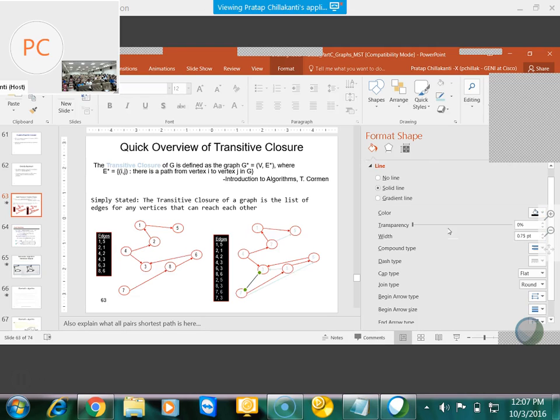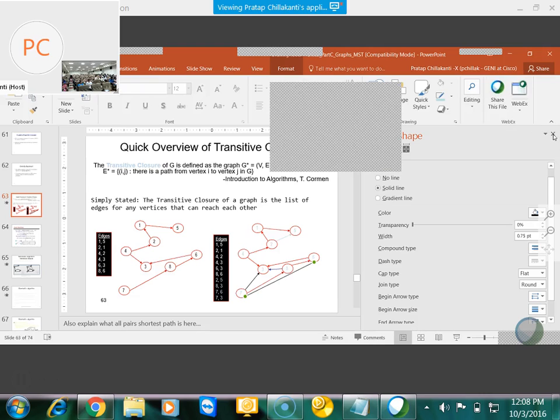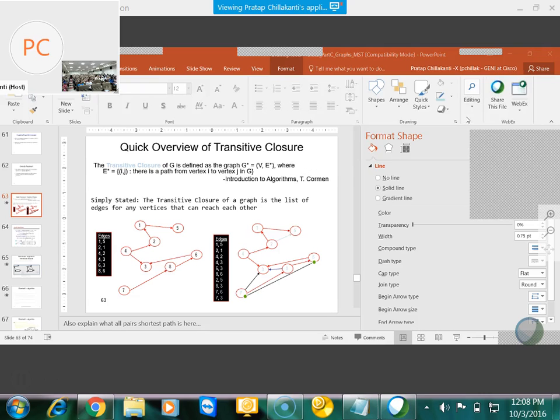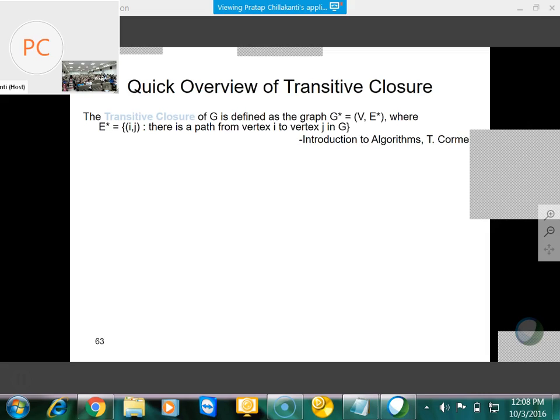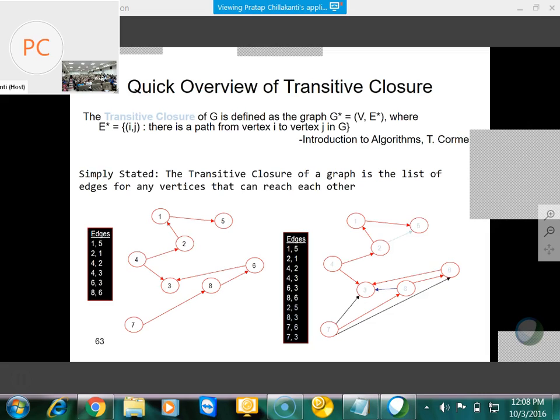Let me make it dark blue. Yeah, see that one there? And then this one, one more color. Let me change it, then you will be able to see those things. Okay, I have it here, back into presentation mode. So I changed some colors here. See this dark blue and all of those things.